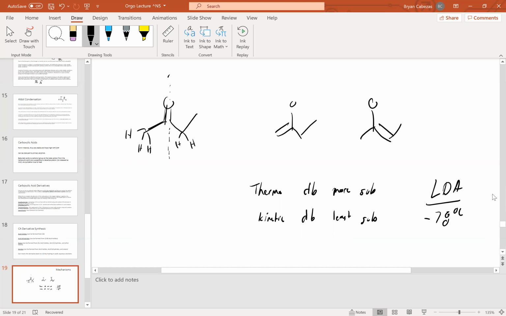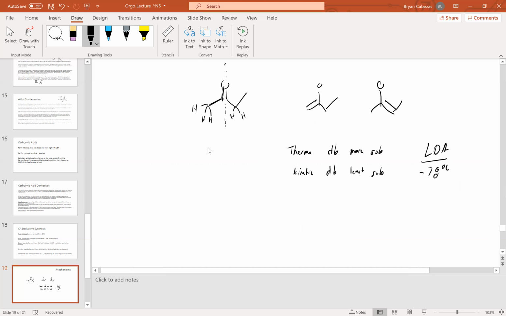And that's why chemists prefer to use an LDA or a bulky base for the kinetic reaction, because they know that the bulky base is not going to remove hydrogens from the more substituted carbon. Rather, it's going to take hydrogens from the least substituted, so we can confirm that we're going to have the double bond in the least substituted configuration, right? This one has more substituted, this one has least substituted.